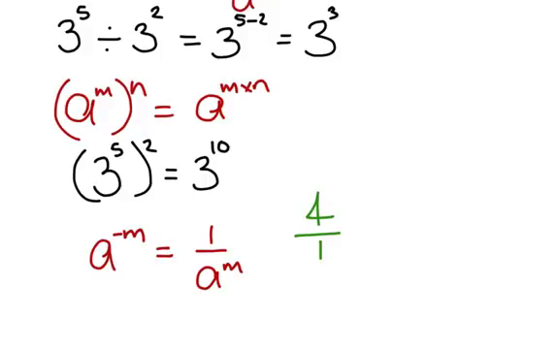Now, if I reciprocate or flip over that 4, then you can see that it becomes 1 over 4. And 1 over 4 is the opposite of 4, the inverse of 4.